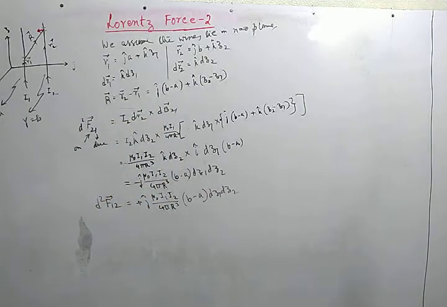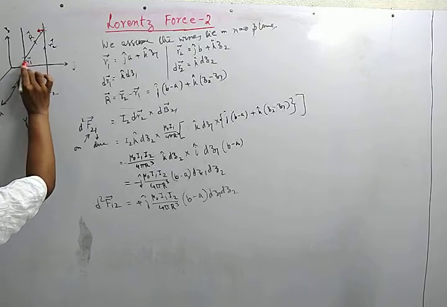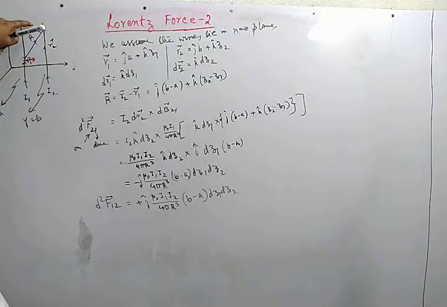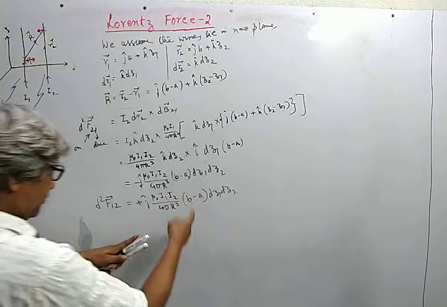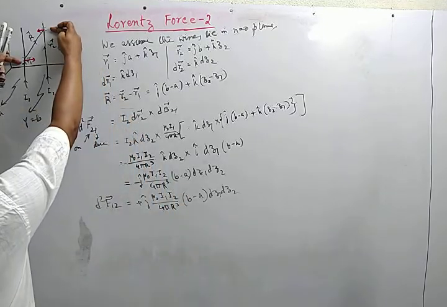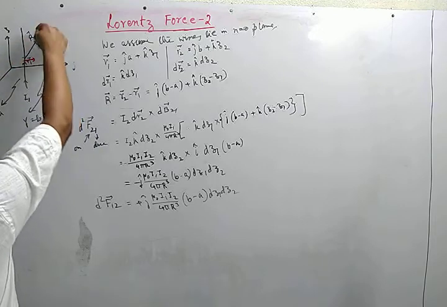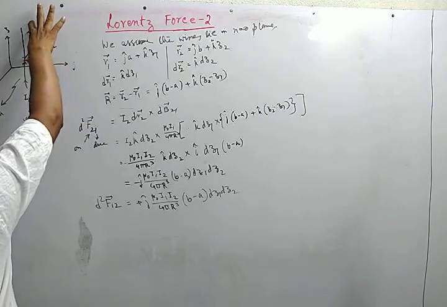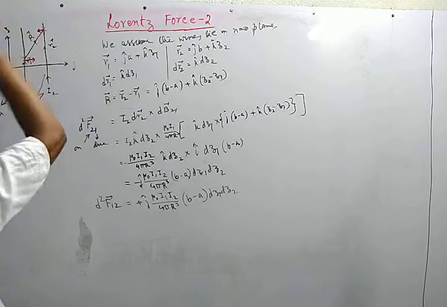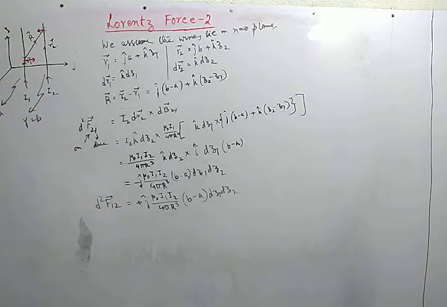So the force is in this direction. So we see that the forces due to two current elements for a straight conducting wire are equal and opposite but do not act along the line joining them. They are not acting along plus minus r, but they are shifted. So Newton's third law for straight conductors is found to be valid in its weak form.